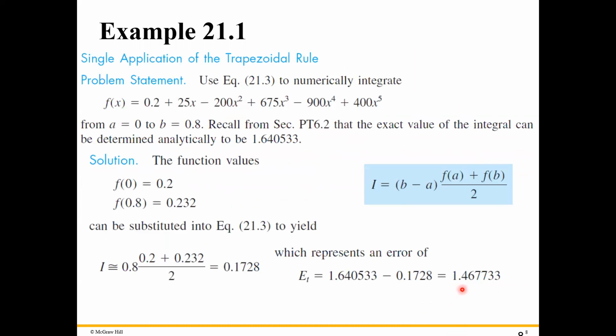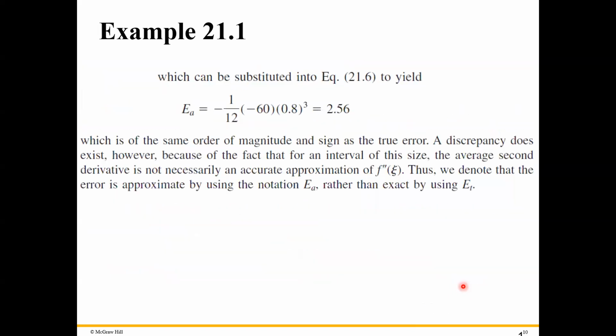The true error was 1.46. Of course, it is not that close to the true error. Even the approximate error estimate is not that accurate, but we can see that it is of the same order of magnitude. It is not like 10 times different. Of course, this can be improved.